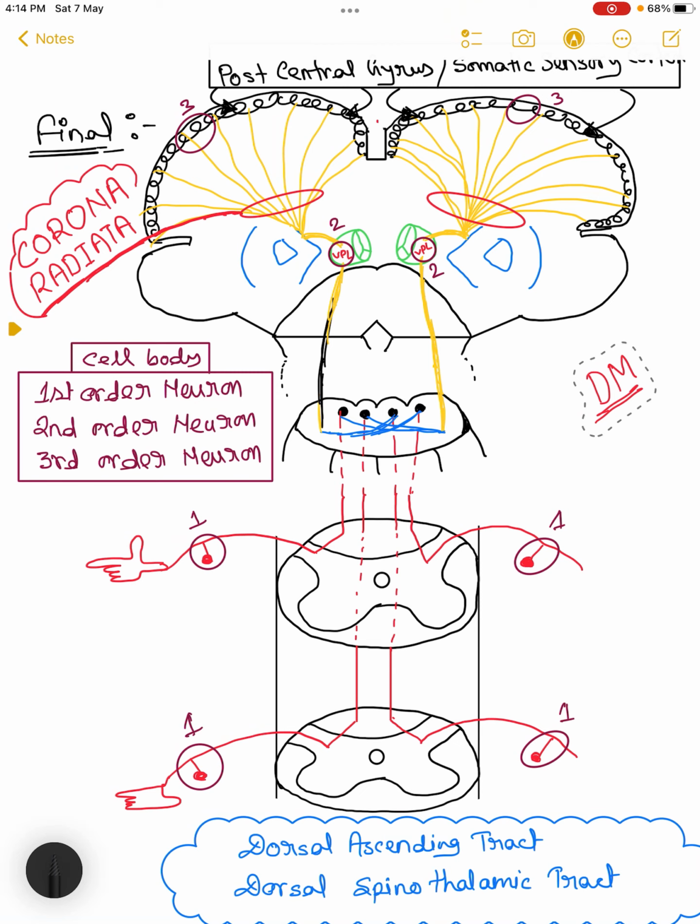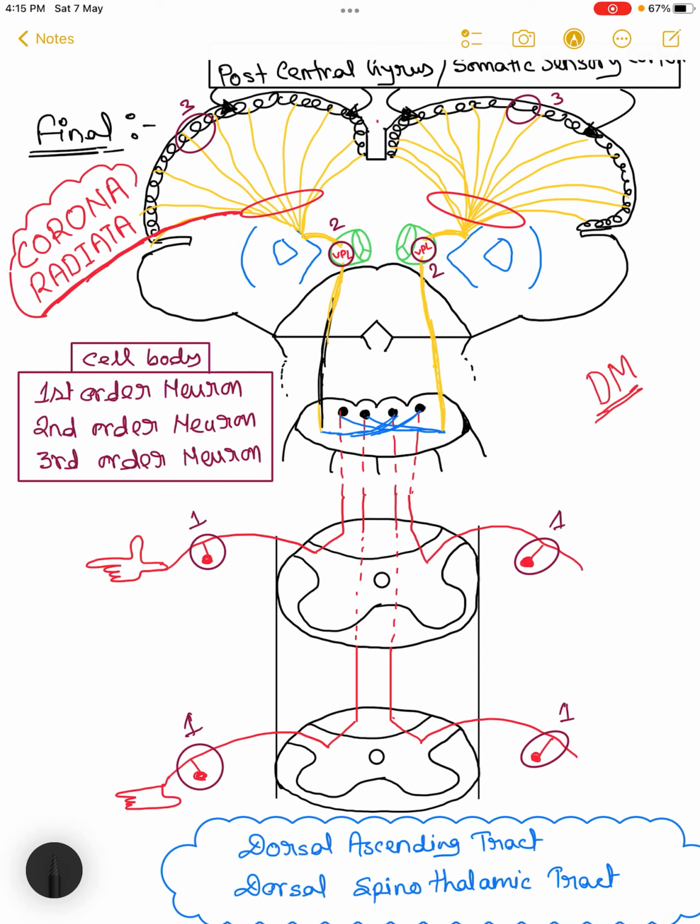We know that the dorsal column is fast. Now if it is fast, it will do what? It will receive all that high information, such as what? Our proprioception, vibration, two-point discrimination, right? So you can use this as a mnemonic, it's very helpful.